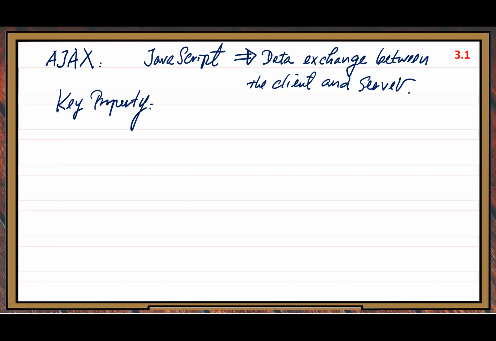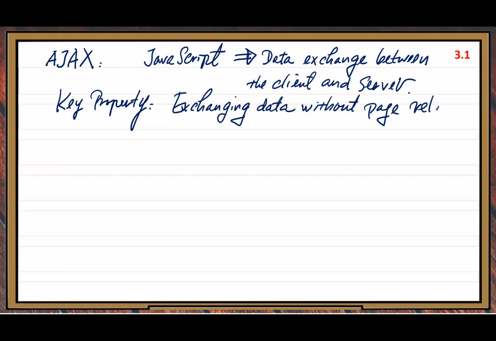Okay, key property: exchanging data without page reloading. This part is important. Page reloading.